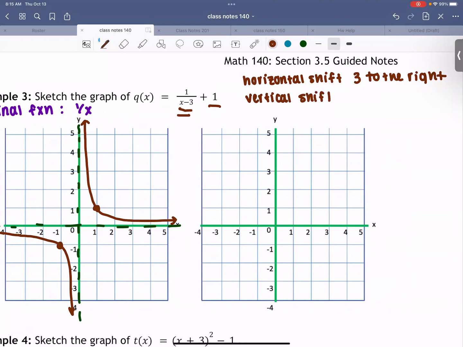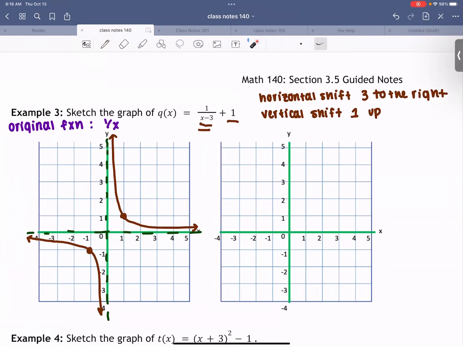And are we going up or down? Good, we're going up because positive means going up. Okay, so very similar to what we've been doing here. Why don't we take each of our points and plot where they're going? Okay, I know that if I start with -1, -1, well, I can shift it 3 values to the right, and I can shift it 1 value up.